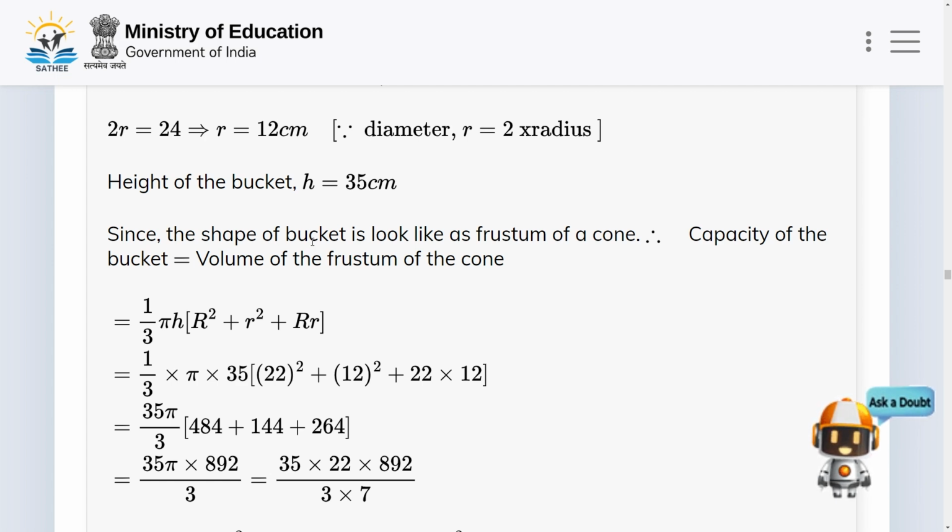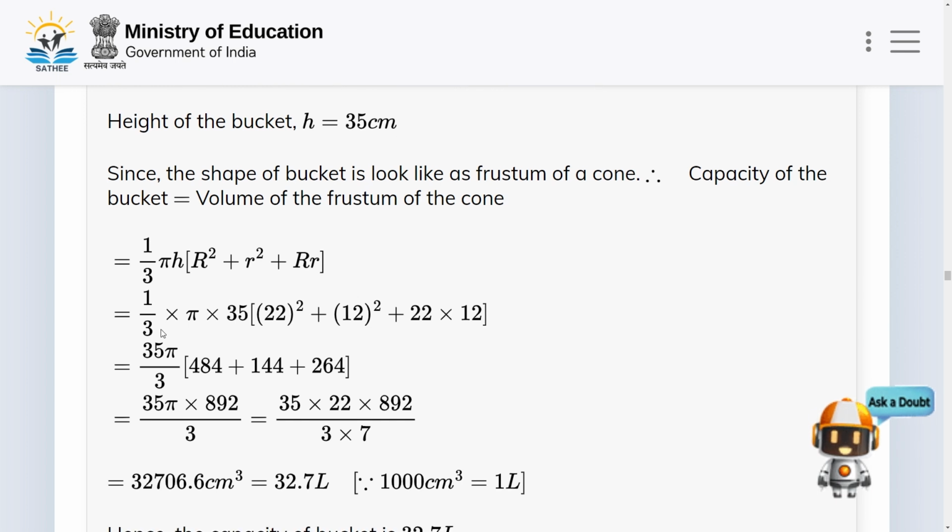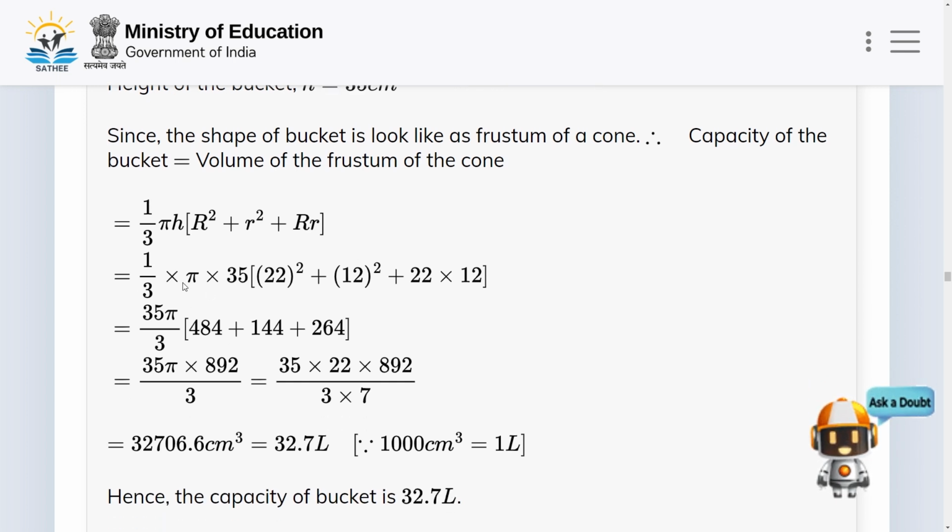The volume of the frustum of the cone is equal to 1/3 pi times h times (R square plus r square plus R times r). Now if we substitute these values, we get 1/3 pi times 35 times (22 square plus 12 square plus 22 times 12).